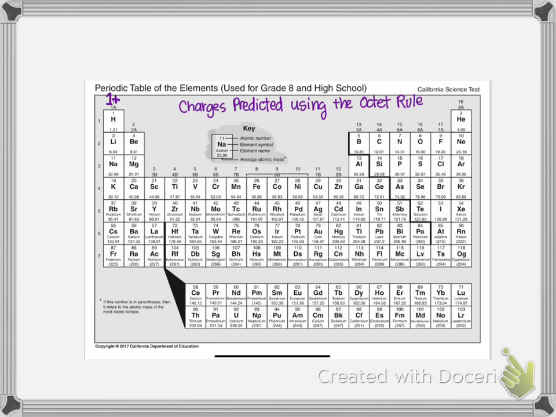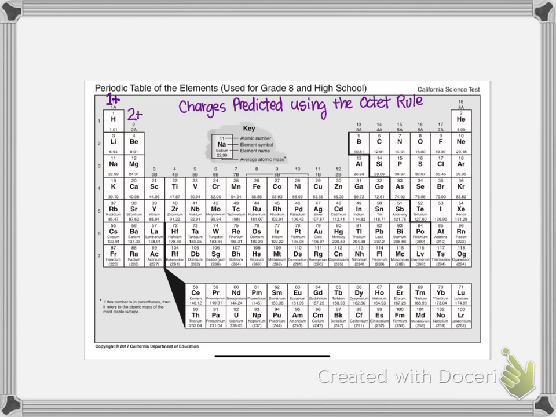And so if any of them lose those 2, they will go to the noble gas closest to them on the periodic table. So what the octet rule predicts and what I learn is that group 2A has a 2 positive charge.